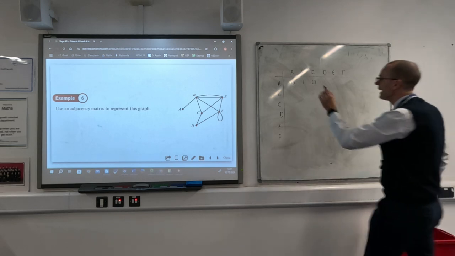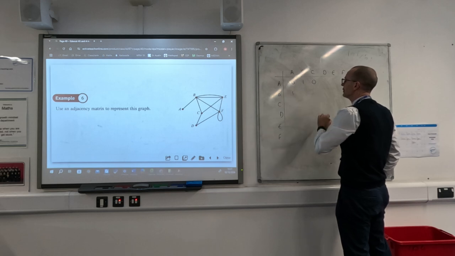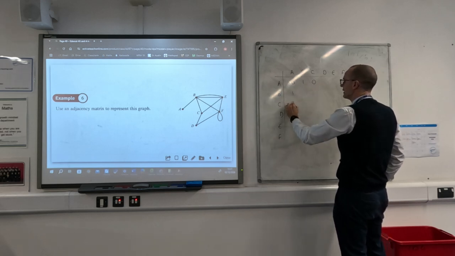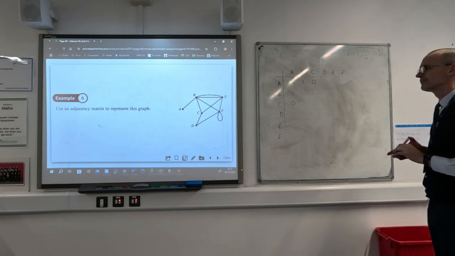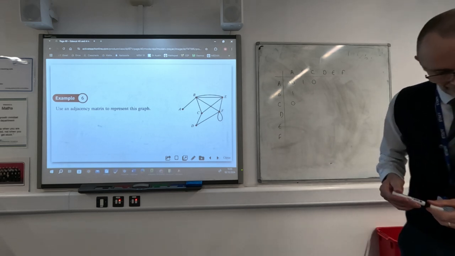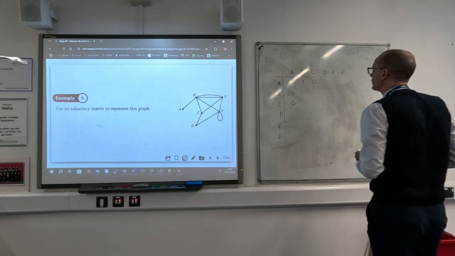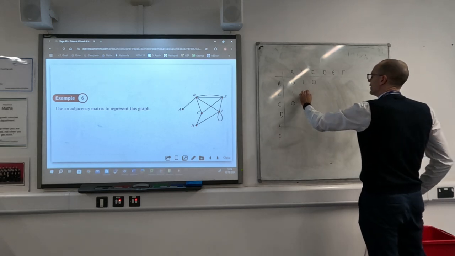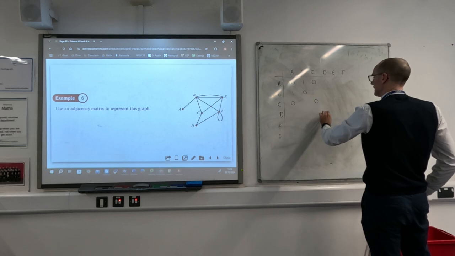Because if A is joined to B, then B is joined to A. If A is not joined to C, then C is not joined to A. So just see if you can draw the adjacency matrix for that graph. It's not as bad as it looks, because once you've done one diagonal half, the rest of it is easy.